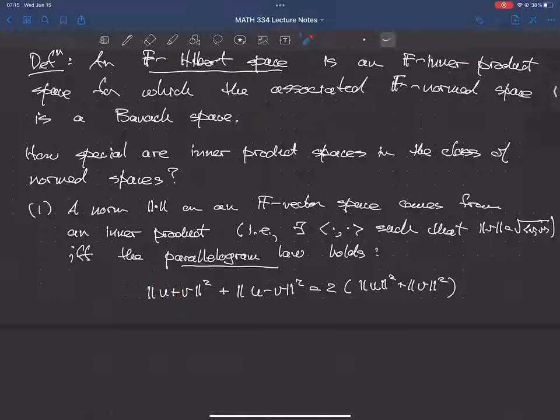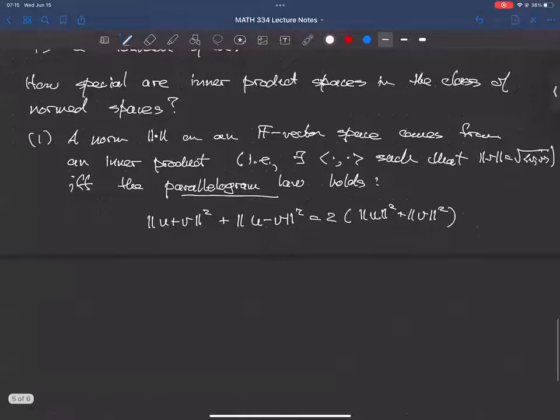What does the parallelogram law mean? Okay. All right, so you can kind of see where the parallelogram law comes from geometrically, but to actually prove that the holding of the parallelogram law is sufficient for a norm to come from an inner product is quite complicated. All right.